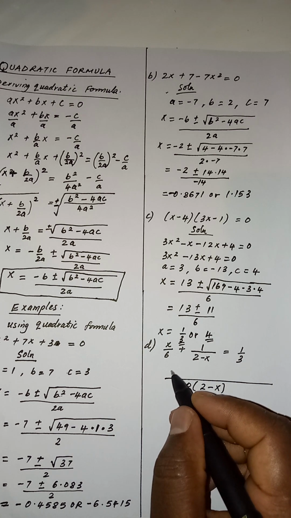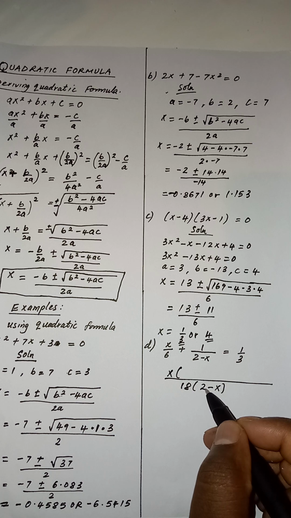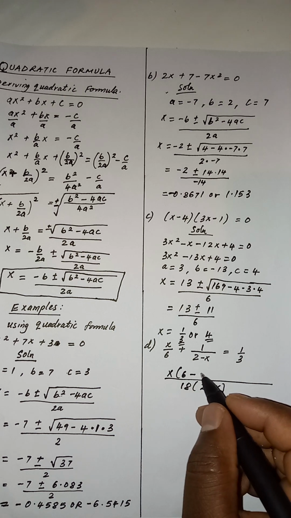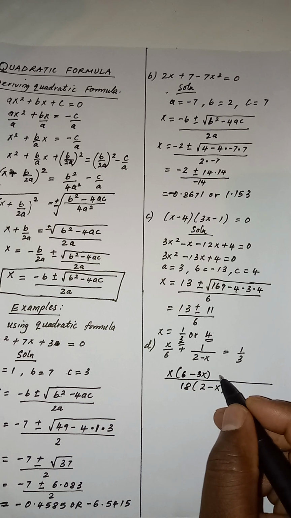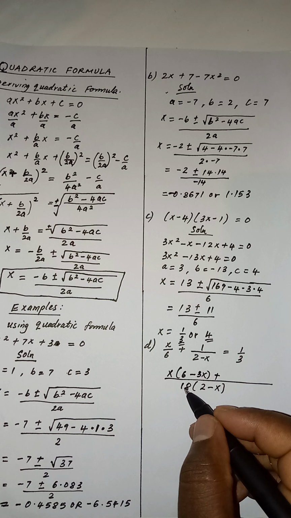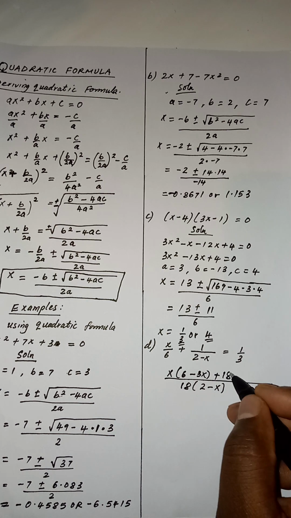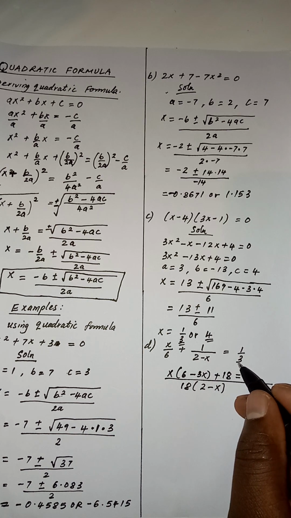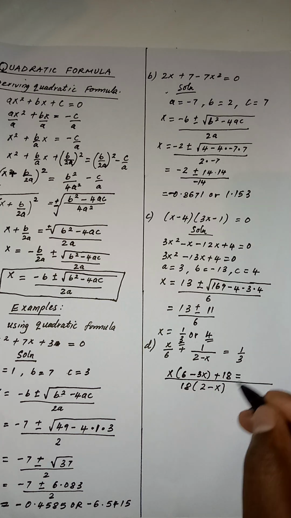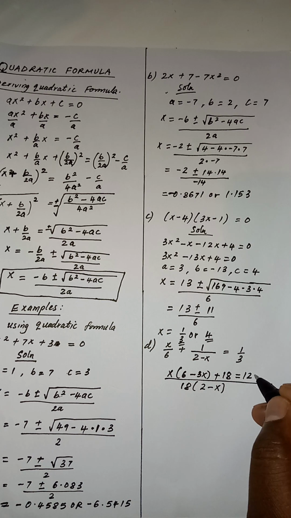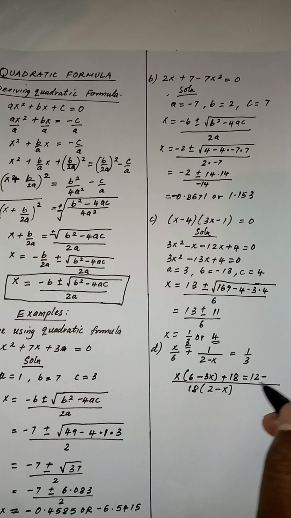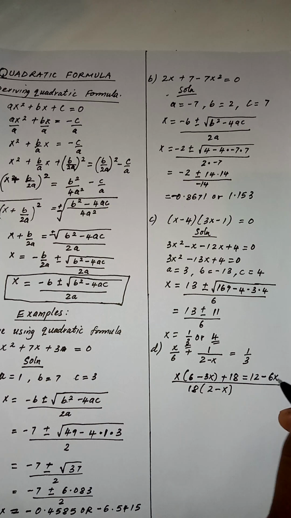So that is x into 3 times that, 3x, plus the whole of this will cancel with that, so we remain with 18. So this is 18 is equal to, 3 goes into 18 6 times, so it will give us 6 times 2, 12, minus 6 times x, it will give us minus 6x.